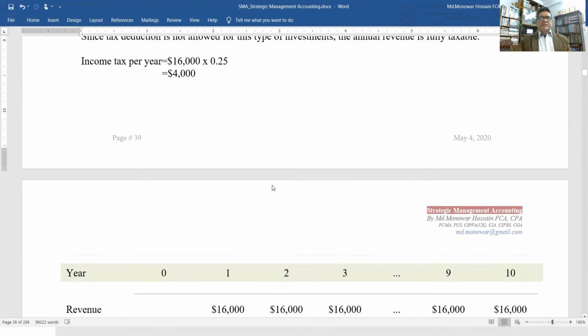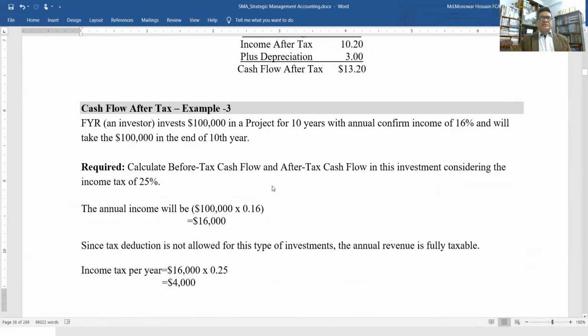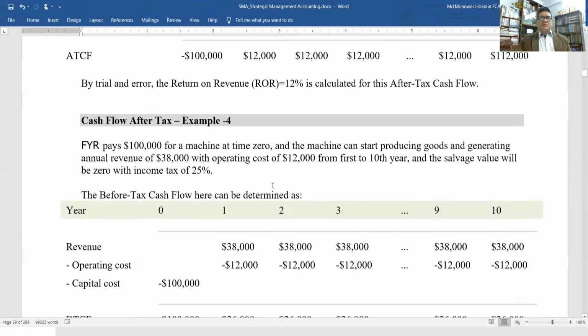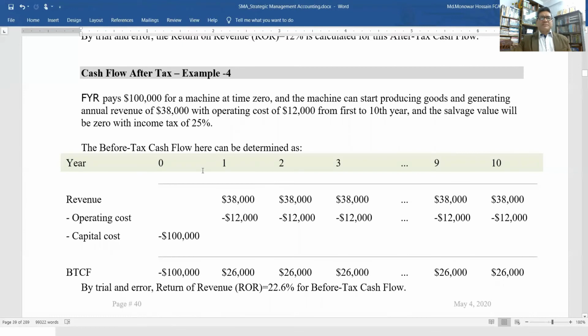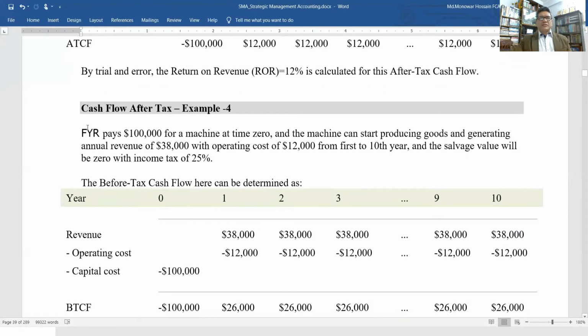Okay, here, look at an example: cash flow after tax.